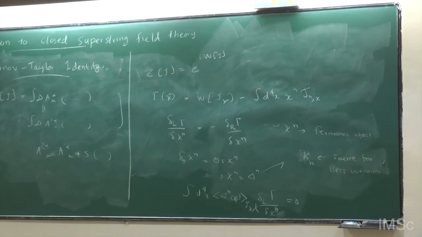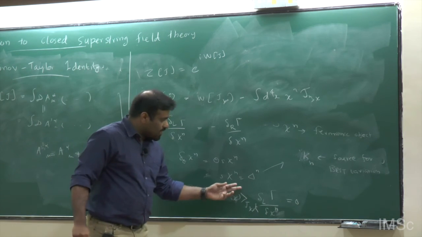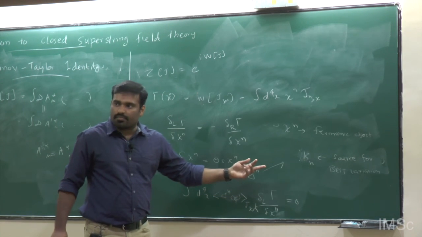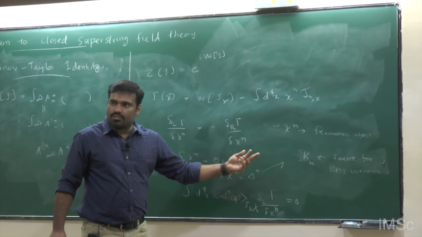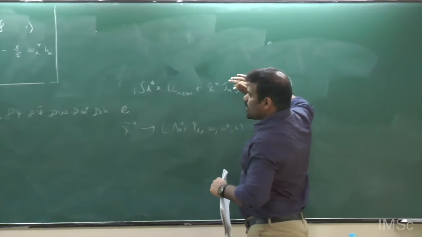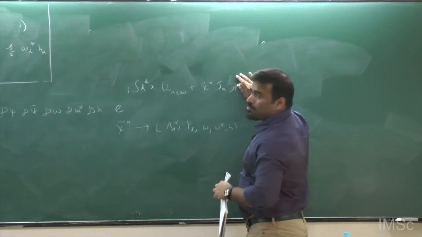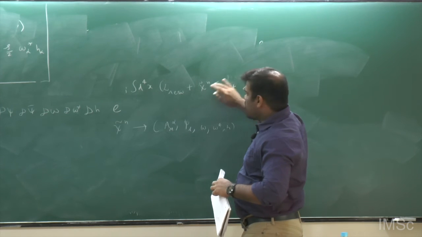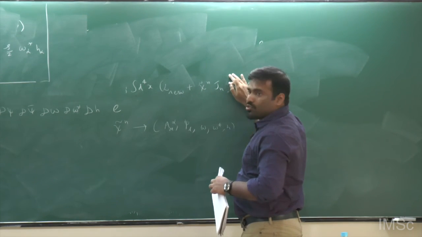No, the S chi n is the same, but the expectation value you are supposed to compute with an action having an extra source term, not just with J, right? So this extra piece is there. Initially you computed the expectation value only with this much of Lagrangian. So you have the Lagrangian plus the source term.